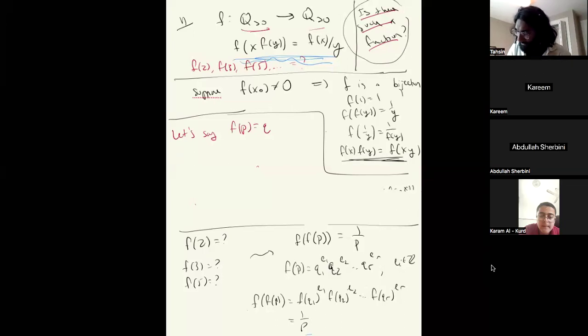It means that f of q equals 1 over p. So the point is that primes come in pairs where f of p equals q and f of q equals 1 over p. So this is some pair of primes.